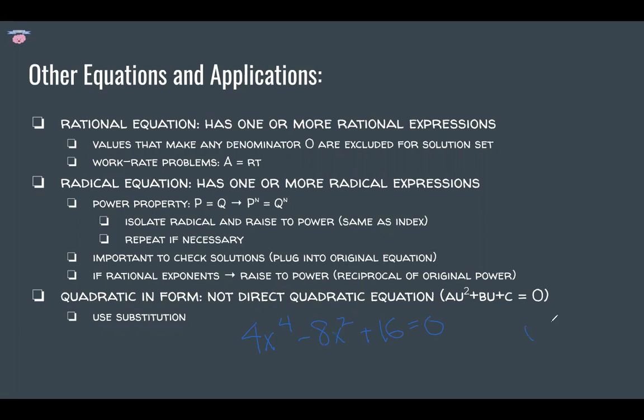But if we say u is equal to x squared, then we have 4 times u squared minus 8 times u plus 16 is equal to 0. So this would be our equation. And then you would solve this and then substitute back for x squared to get what x is.